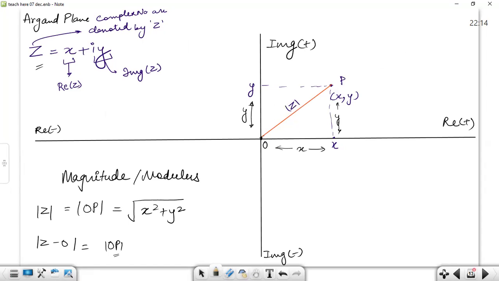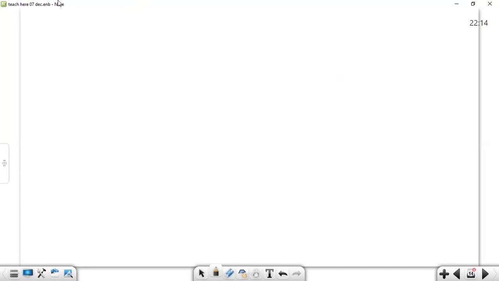Let me ask some questions. 3 plus 4 iota. Please find the modulus of the following complex numbers. Please calculate.